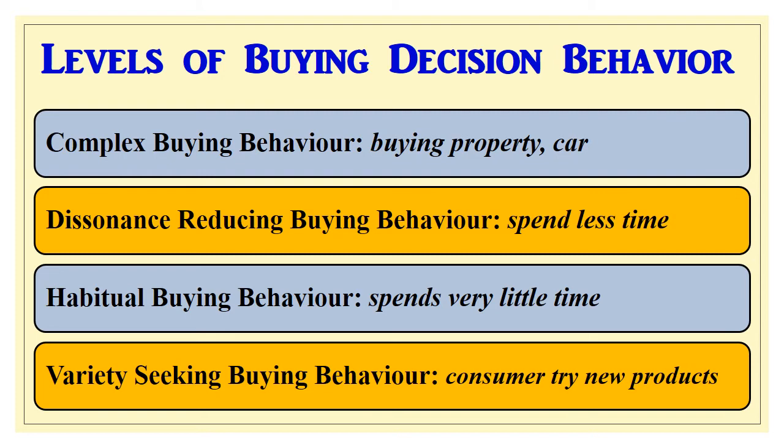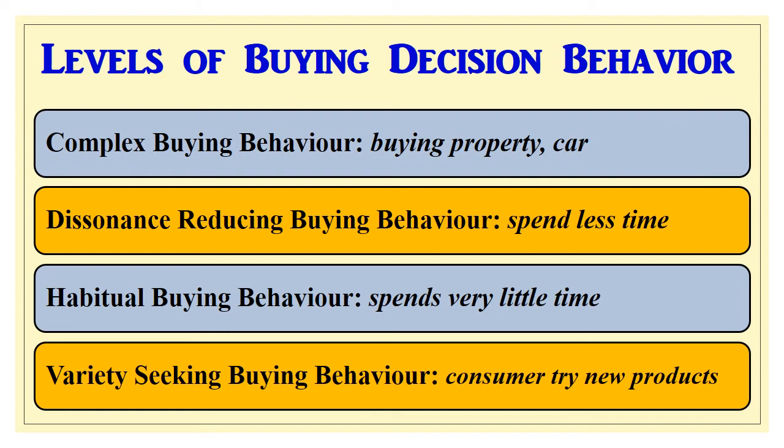In this category, expensive or complex items with which the person has little or no experience are covered. The perceived risk is also high in this case. For example, when you buy a house or a new car or any other expensive item, you go through a complex buying process in order to minimize the risk associated with it.